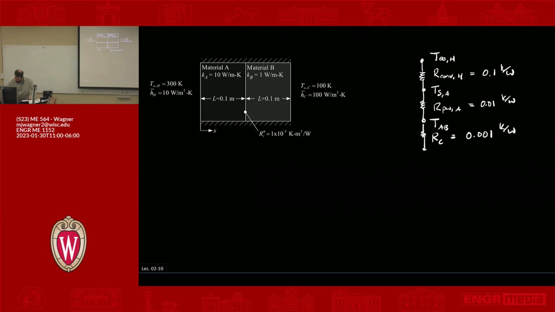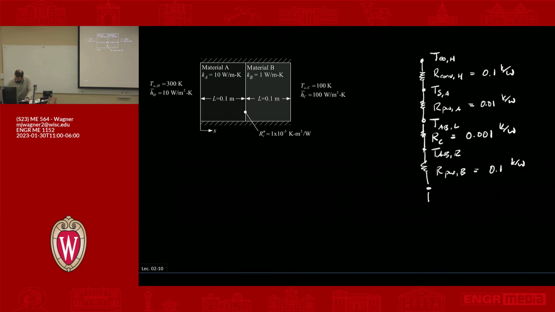My temperature labels are going to be a little bit unhelpful here. Let's call this T AB left and then T AB right. Now we have another resistance. This is R plane wall B, which is 0.1 Kelvin per watt.